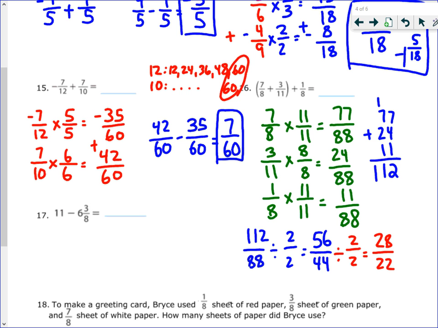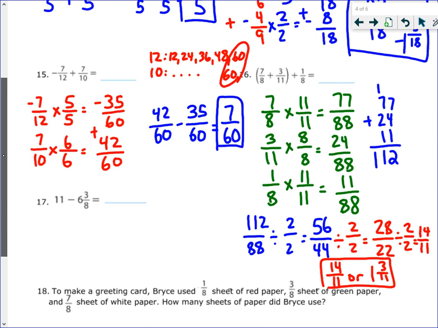And we can still go by 2 again, which gives us 14 over 11. Fine. So 14 over 11, or 1 and 3/11ths. Make sure you box your answers so you can see them.